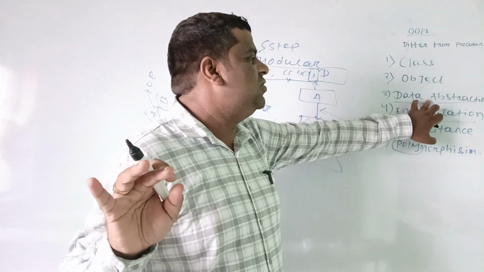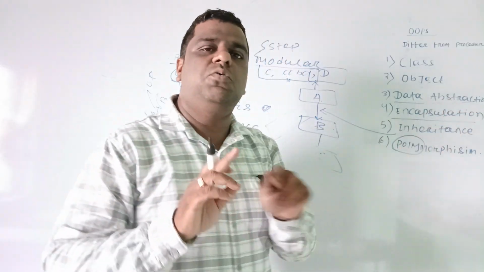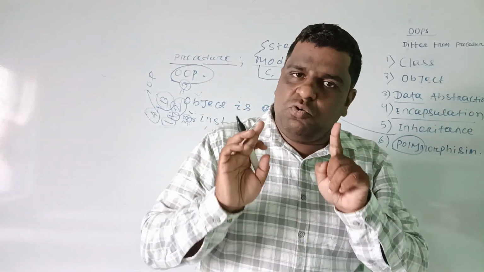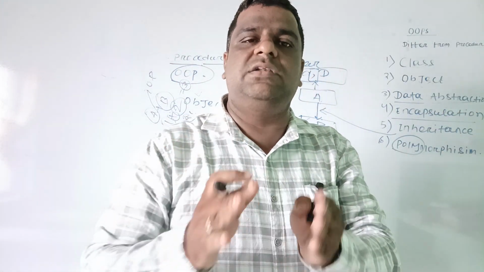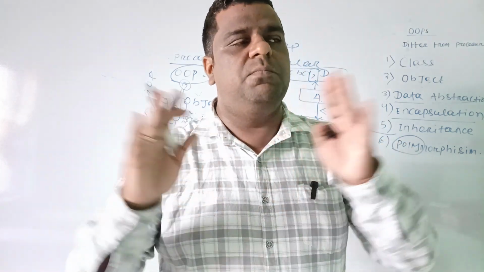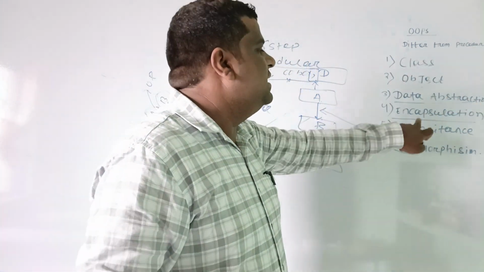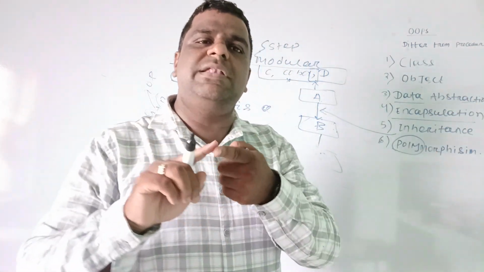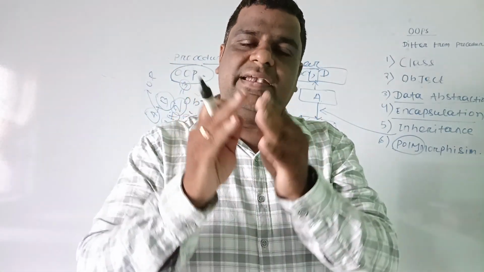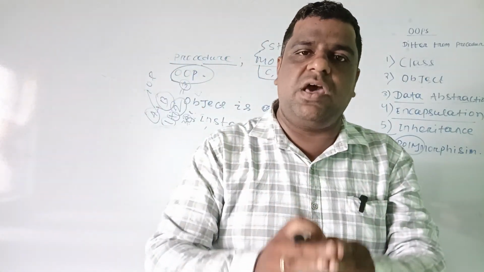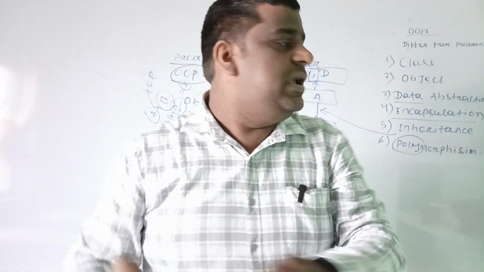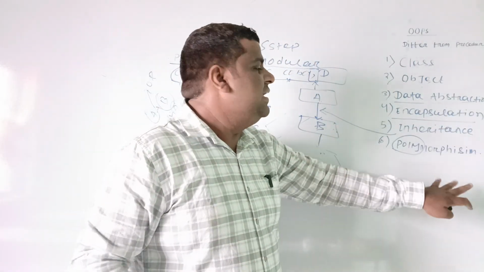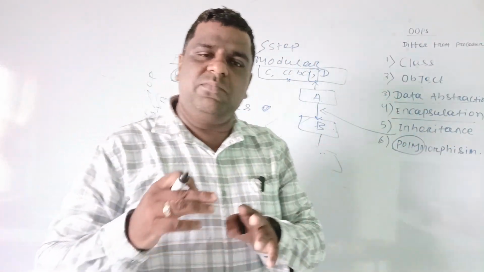Then data abstraction means abstraction of data. You don't know the background, but you know the functions, that is, the user interface. Then encapsulation. A capsule means data and functions wrapped in a single unit. That is called encapsulation.